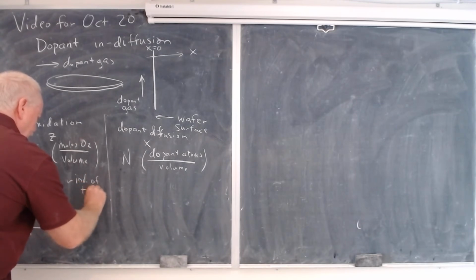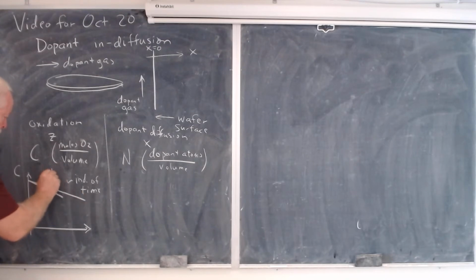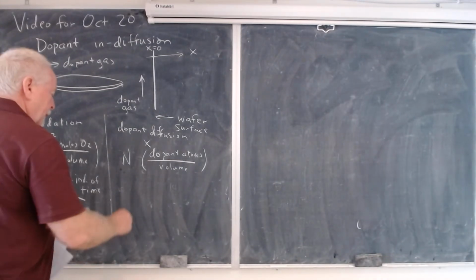Now, of course, C is not independent of time, because as time goes on, it does this. But we'll show you in a minute that those curves are the result of the fact that the diffusion of oxygen into the wafer behaves much differently than what we see now for dopant diffusion.